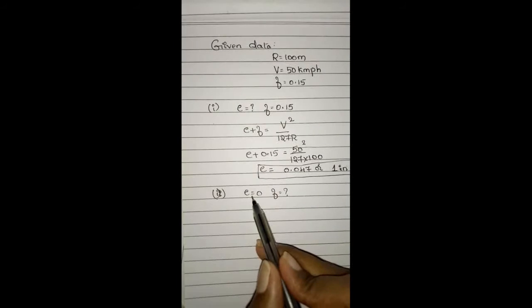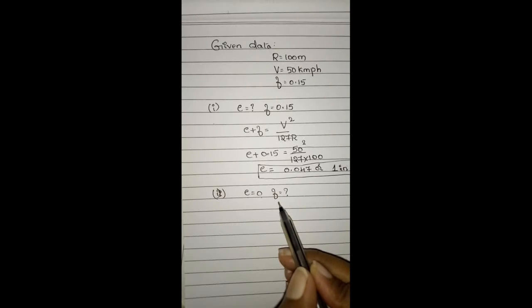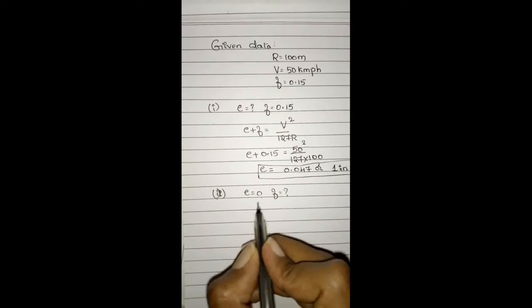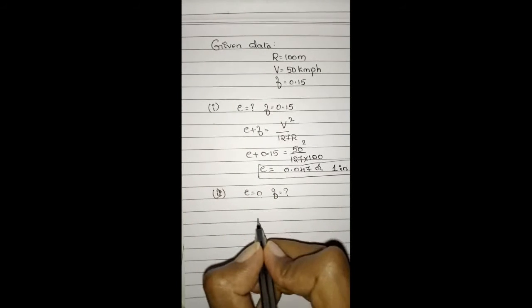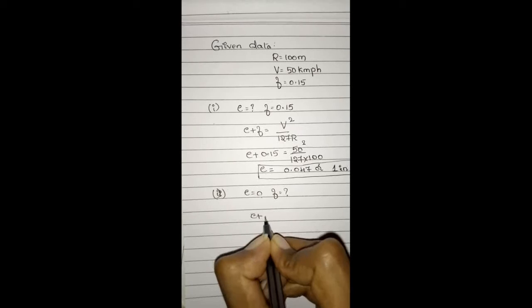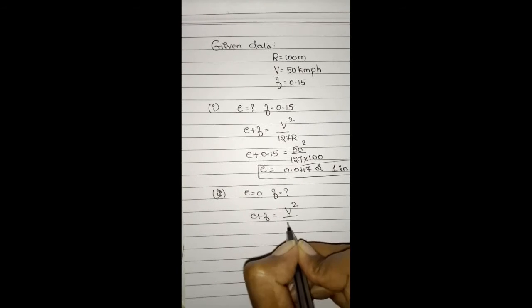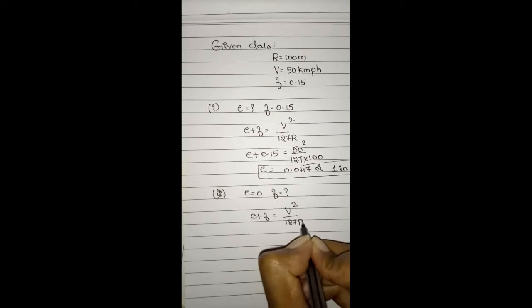And in the second case, E is equal to 0, that means there is no super elevation. In that case we have to calculate the coefficient of friction F. Here the same equation, E plus F is equal to V square divided by 127R.